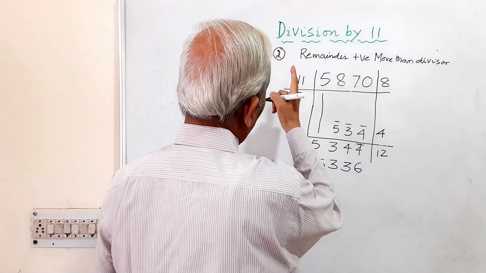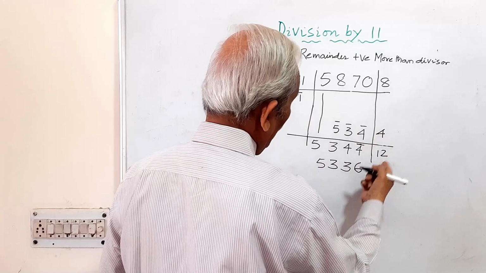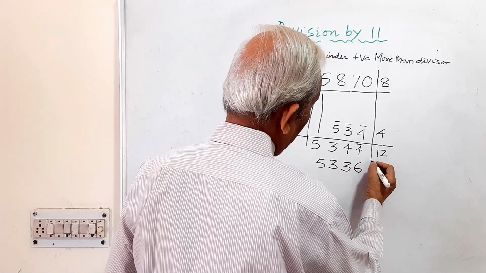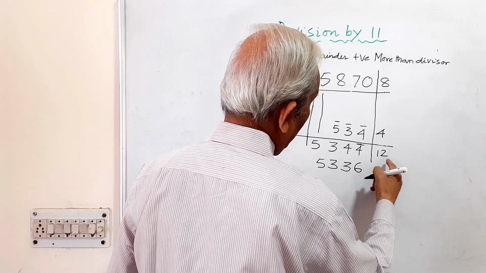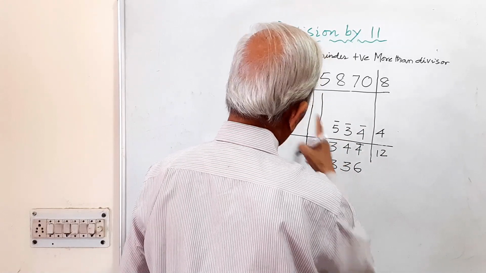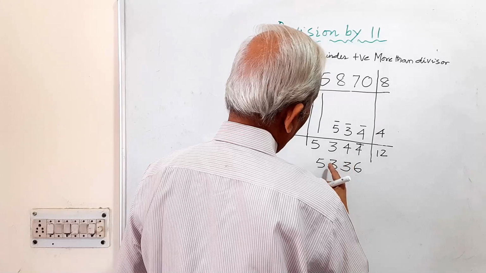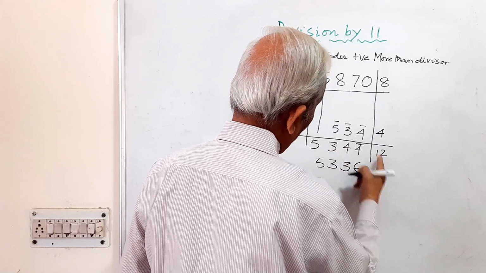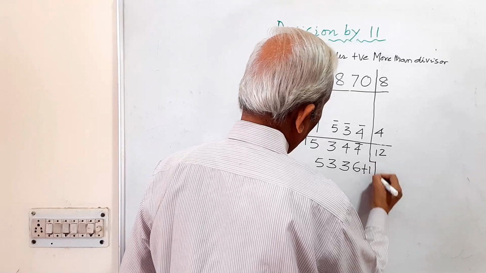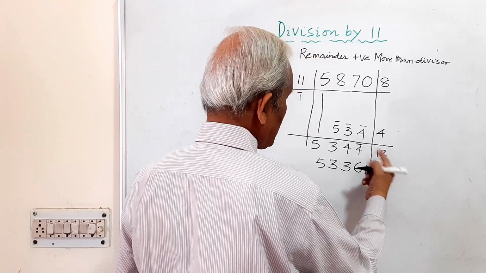So what do you do? Let the 11 go into this one time. If it goes one time, then 1 remains as the remainder. So we do 5, 3, 3, 6. We'll take 11 out of it, so we'll add 1 to it, because now we're getting 11 out of this.